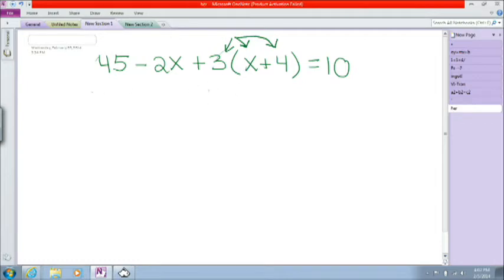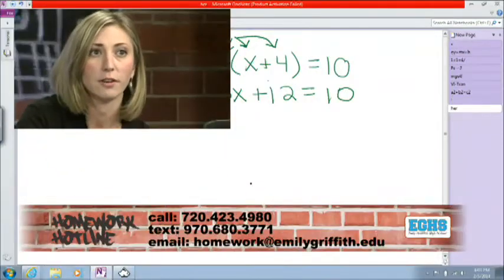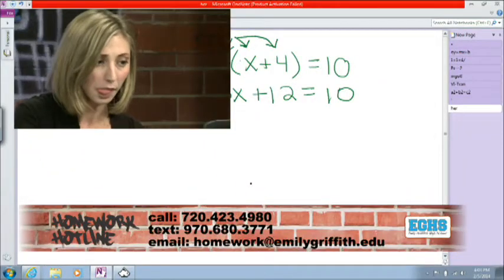So I'll rewrite everything else since we're not going to take care of that yet. We multiply the 3 times the x, which gives us 3x, and then the 3 times the 4, which gives us positive 12. Everything else stays the same. All I did in this first step was take care of the distributive property.